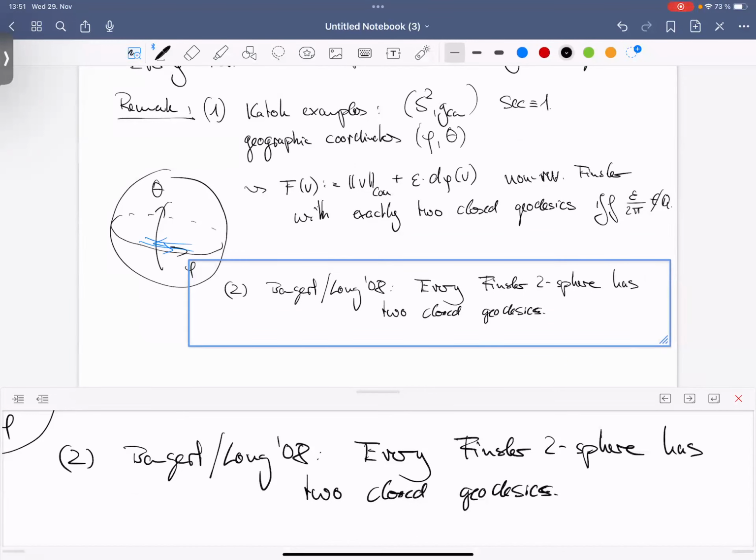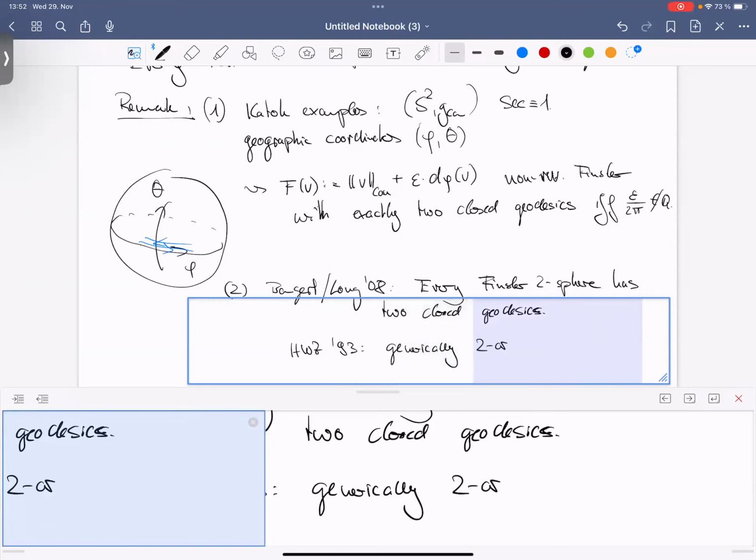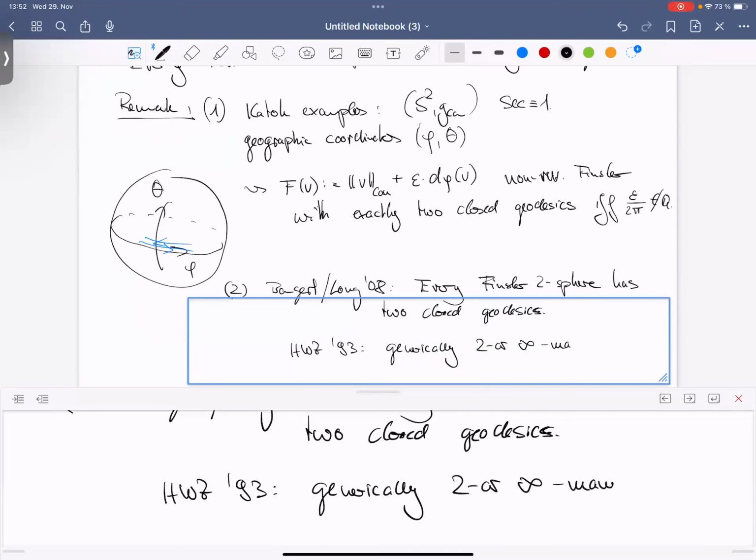From a geometric point of view, that was not very satisfactory, but it was known already since the 90s by Hofer, Wysocki, and Zehnder, HWZ in, I think, 93 is the paper, that you have generically two or infinitely many closed geodesics for every Finsler two-sphere.